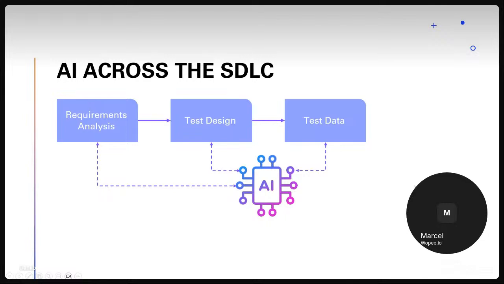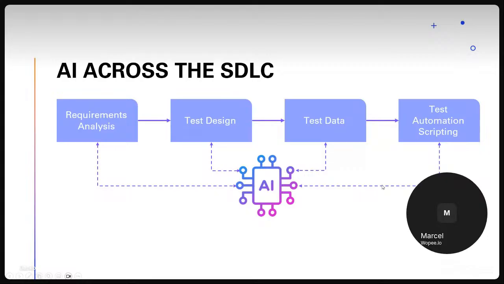Next to that is generating some test data for the test cases, where AI can create automation-ready test data in different formats. Is it a BDD example table, or JSON, or CSV, or even SQL insert statements for the database? It can be quite helpful.